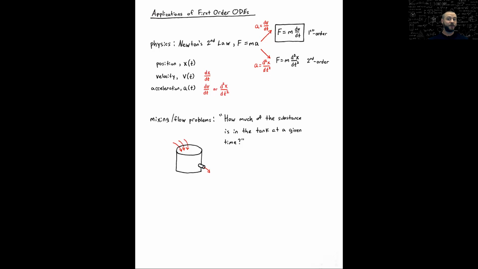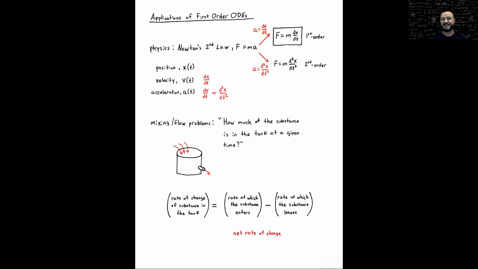We're going to have a different starting place than the above with physics. There, we typically start with Newton's second law, F equals ma, but for mixing or flow problems, we're going to start with the concept of net change, or in this case, a net rate of change.